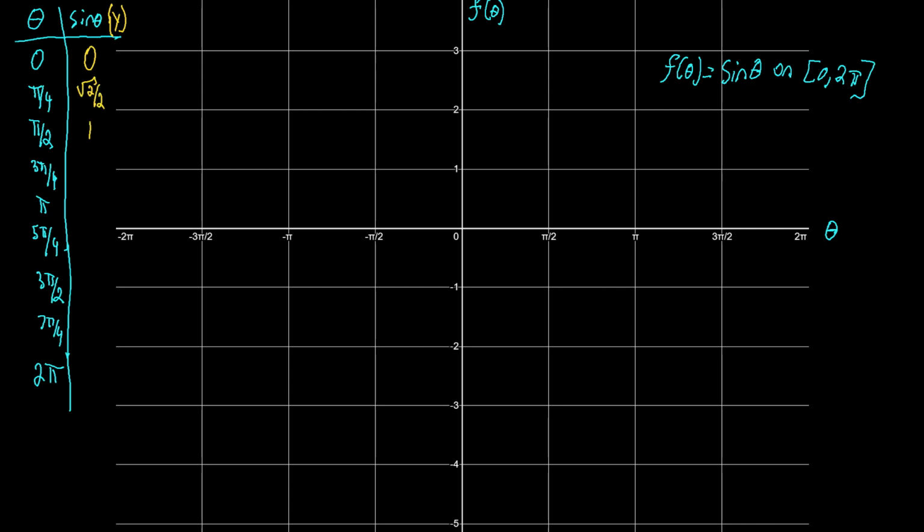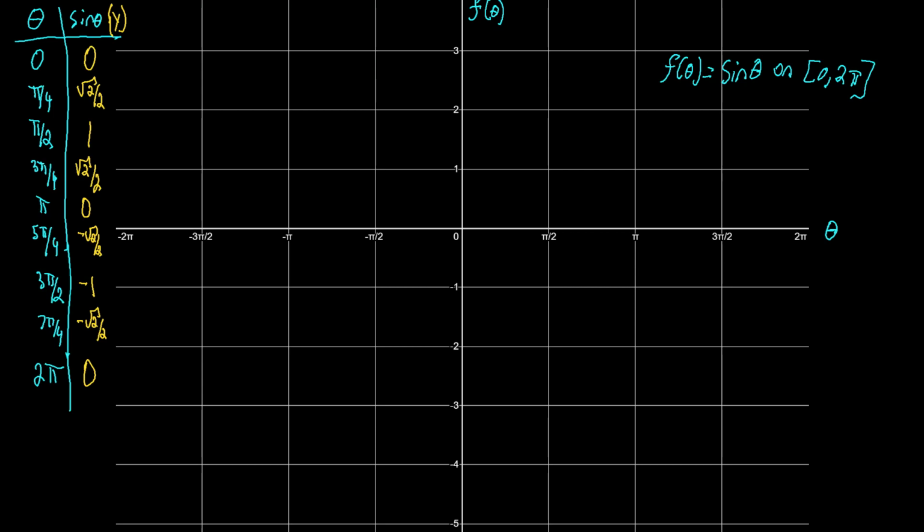Okay, 1, root 2 over 2, sine of pi is 0, and then negative root 2 over 2, negative 1 for sine of 3 pi over 2, negative root 2 over 2 again for 7 pi over 4, and then for 2 pi we're back to 0 again.